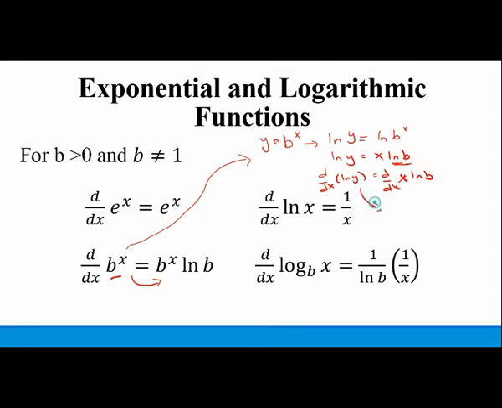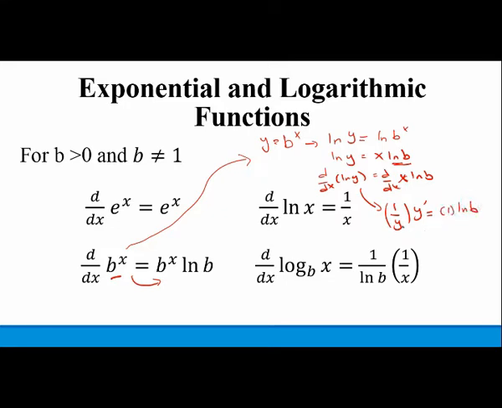So what you differentiate is the x at the front. Since it's ln y, if it were ln x it would be 1 over x, so for ln y it is 1 over y, but you need to put y prime. So y prime over y equals, differentiating x, 1 times ln b.